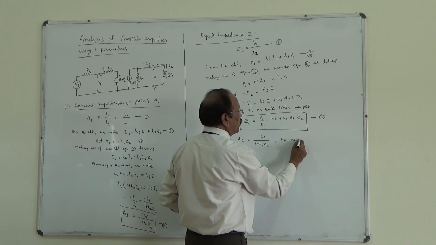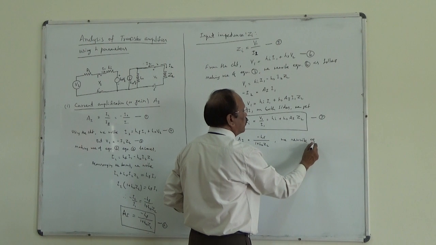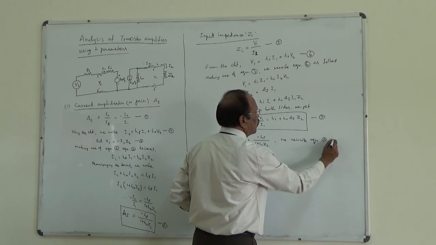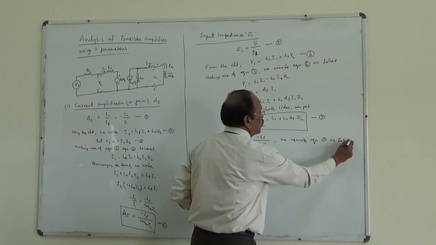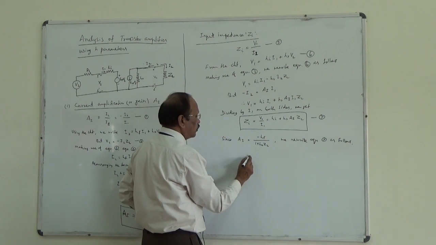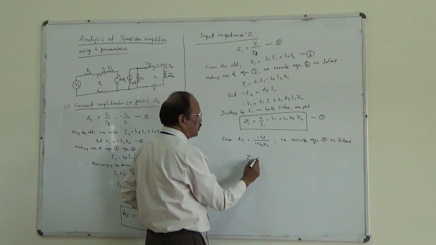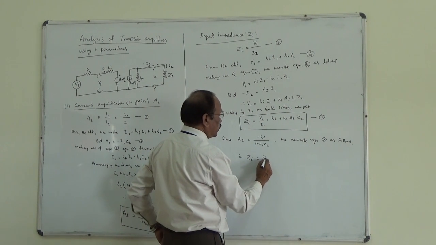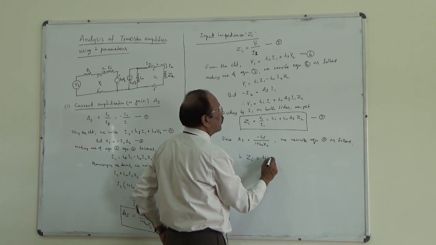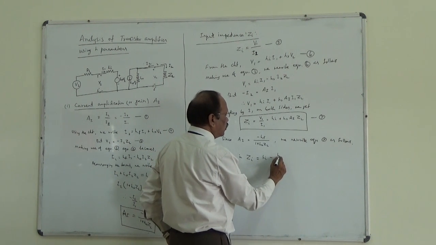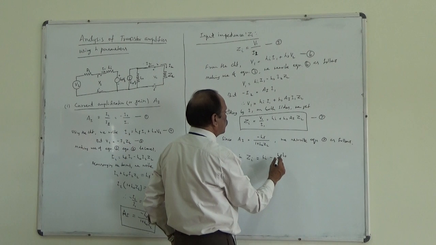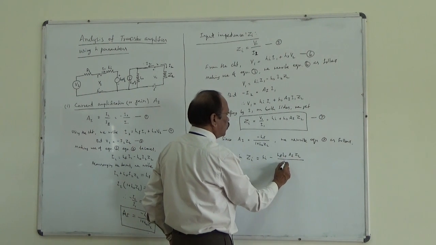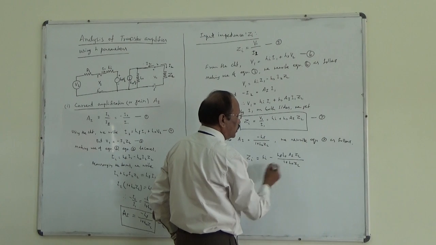We rewrite equation 7 as follows: Zi is equal to Hi minus Hf Hr ZL divided by 1 plus h naught into ZL.